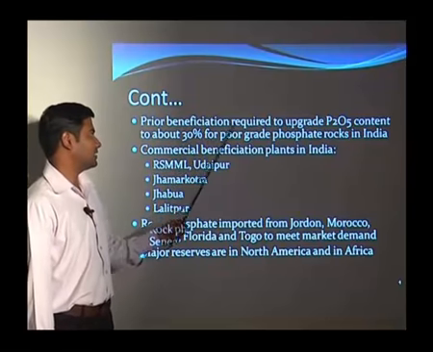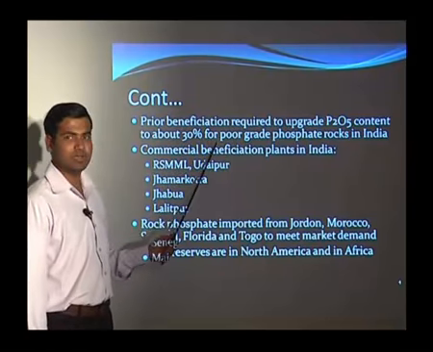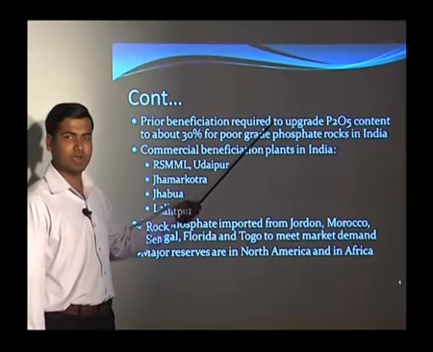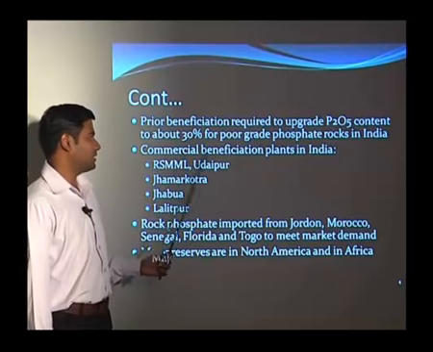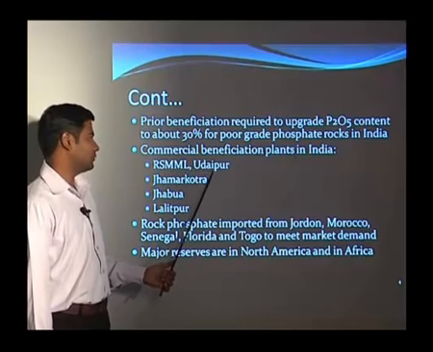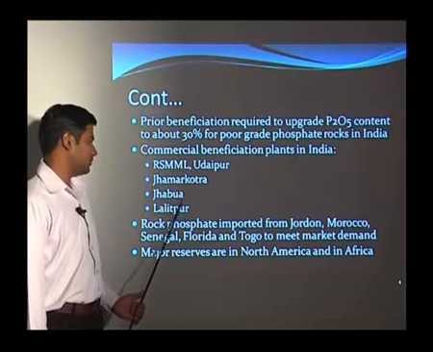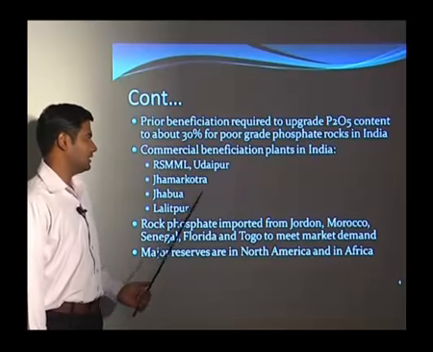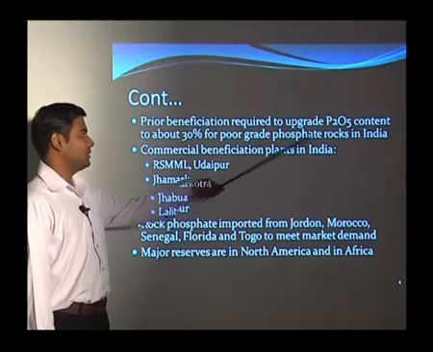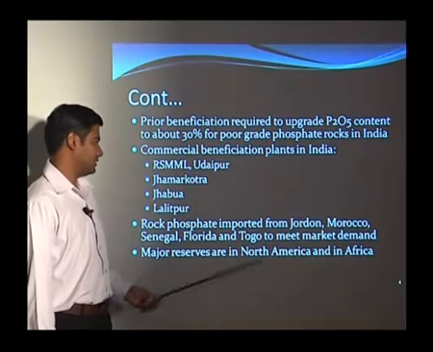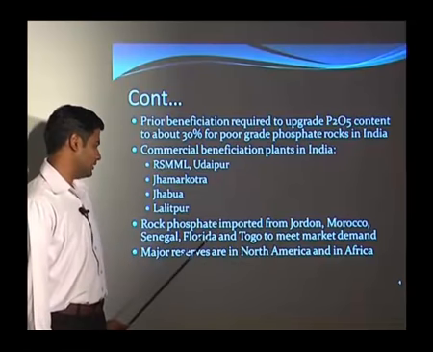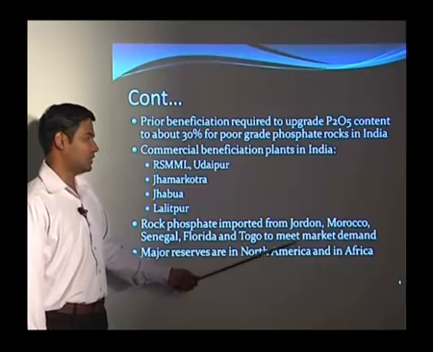Commercial beneficiation plants in India are RSMML in Udaipur, then Jamarkota, Jhabua and Lalitpur. In these cities we can find P2O5 upgradation taking place in their plants. And rock phosphate is imported from Jordan, Morocco, Senegal, Florida and Togo to meet the market demand.